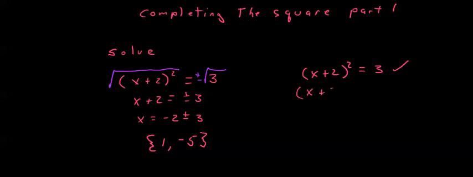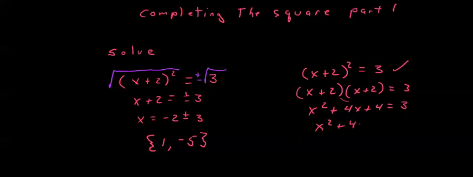You have x plus 2 squared equals 9, x squared plus 4x plus 4 equals 9, and x squared plus 4x minus 5 equals 0. This is standard form.